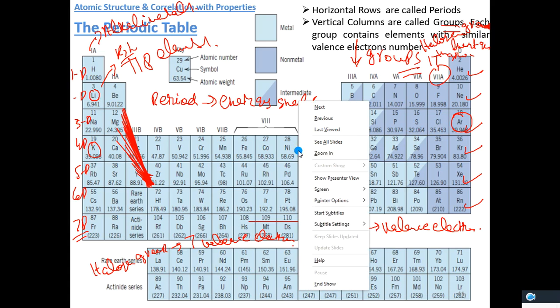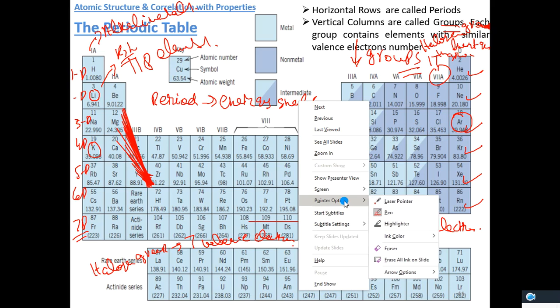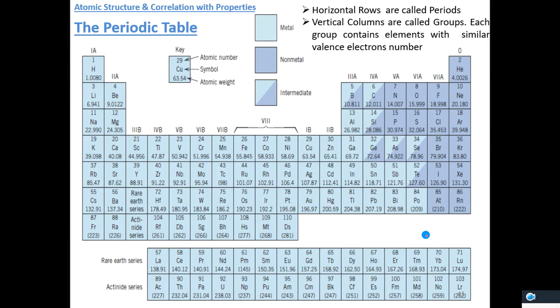In addition, when we talk about atomic radius, then we can say atomic radius will increase from right to left.